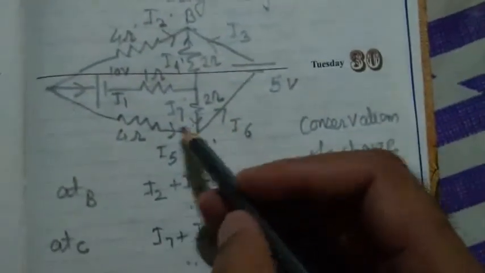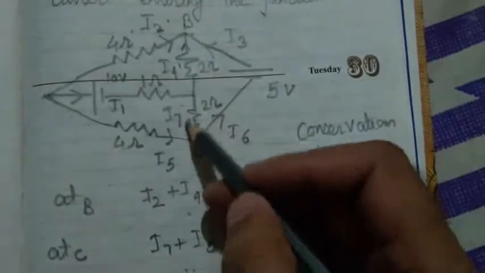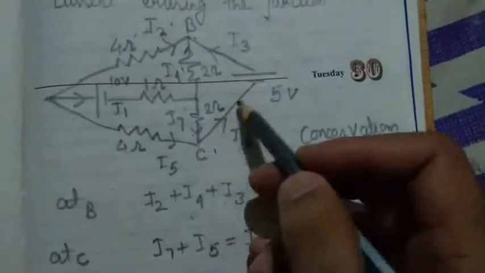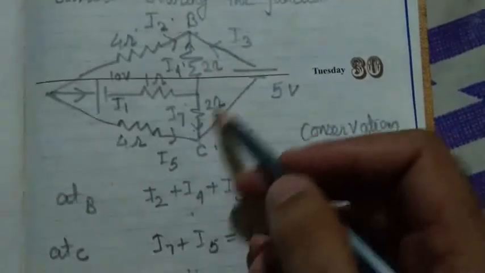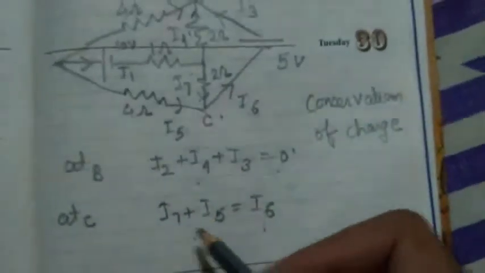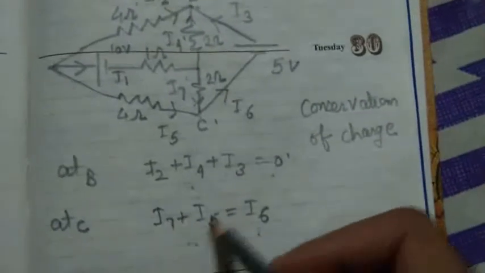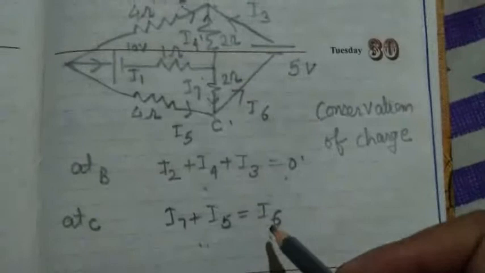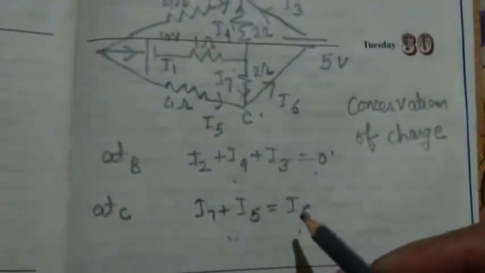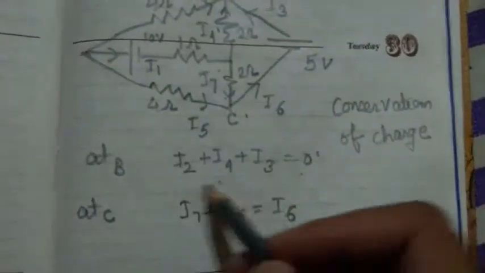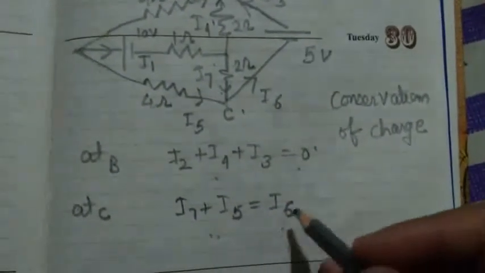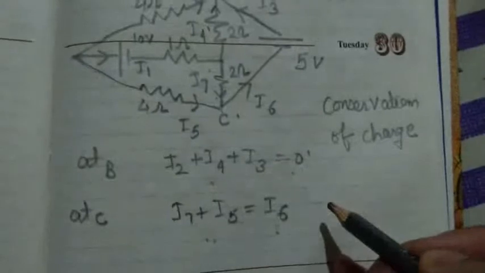At this point we can say these currents are bringing charge to this junction and this current is taking charge away from this junction. So the charge that came to the junction is equal to the charge that is going away from the junction.